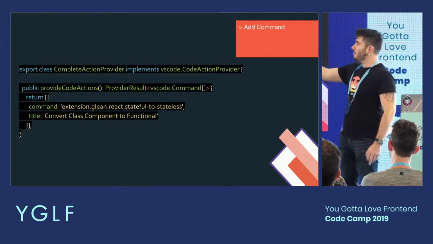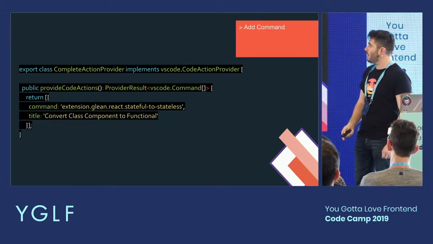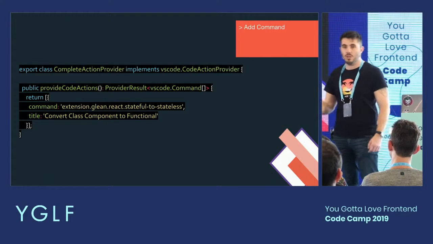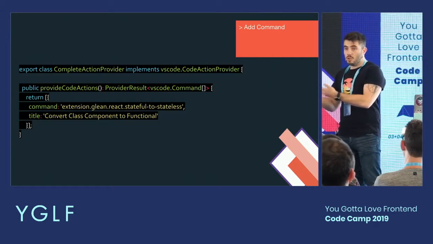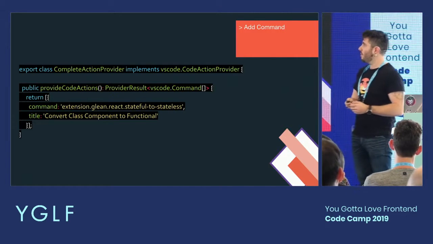Each command, each option, has a unique identifier and a human readable label. It's important to note that since this is a function, it can be done conditionally. You can modify the list based on some parameter.